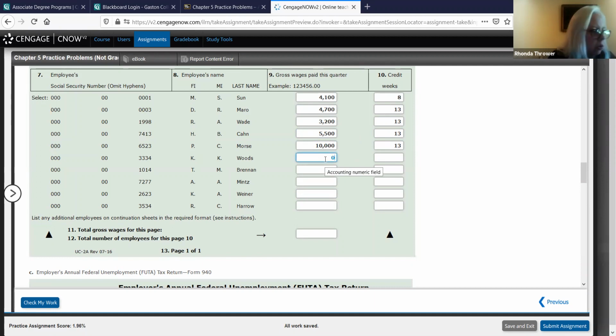But all this comes straight out of your textbook. Let's see, Woods. Okay, they skipped that one, I'm sorry. 1,800. 16,900. 9,800. 8,400. 2,400. Which was a total of 66,800. And this was 13 weeks.